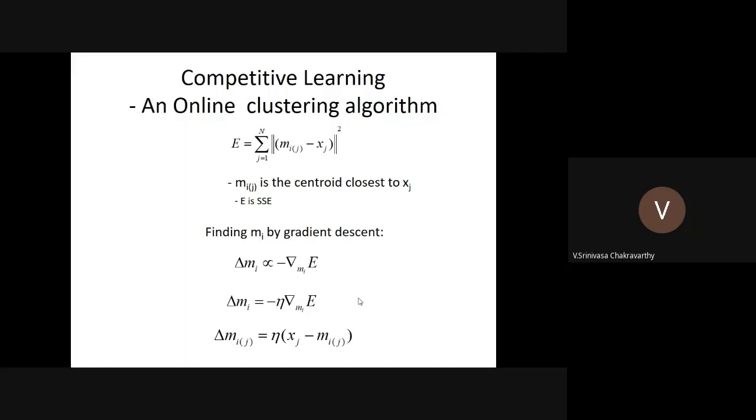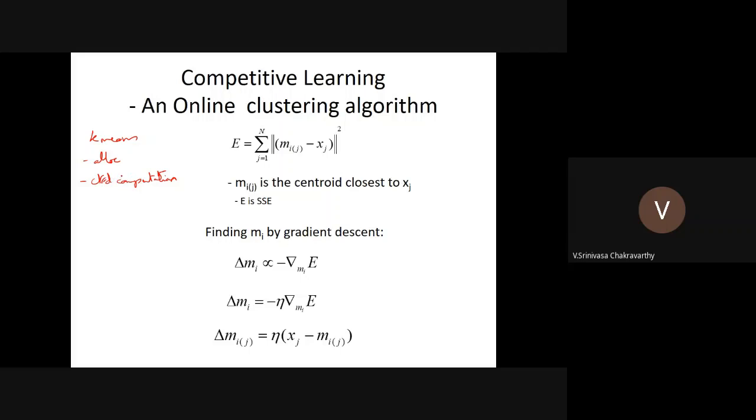So in k-means, you have two steps: the allocation step, and the second step is centroid computation. When you compute the centroid, you take all the points in a given cluster and take the average.